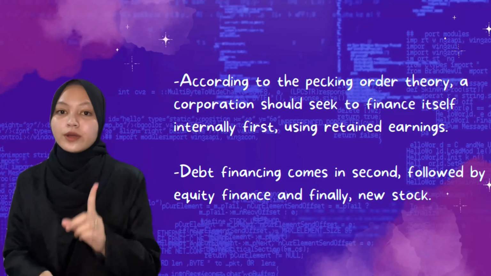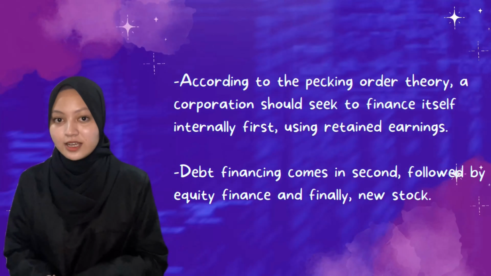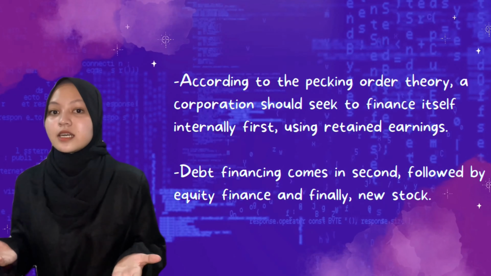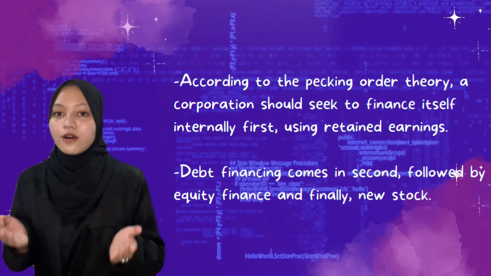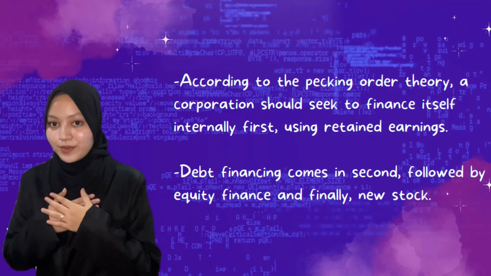If a corporation finances itself with debt, it means managers feel confident in the company's ability to make its monthly obligations. When a corporation finances itself by issuing additional shares, it's usually a bad indicator since the company believes its stock is overvalued and wants to earn more money before the price drops. That's all for me. Thank you.